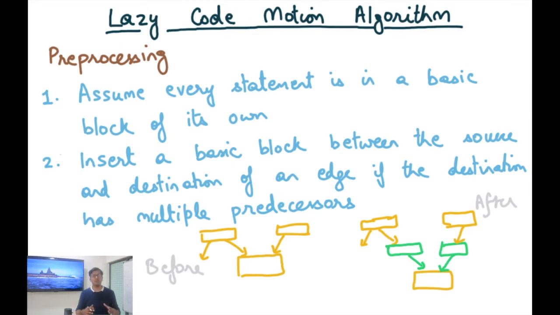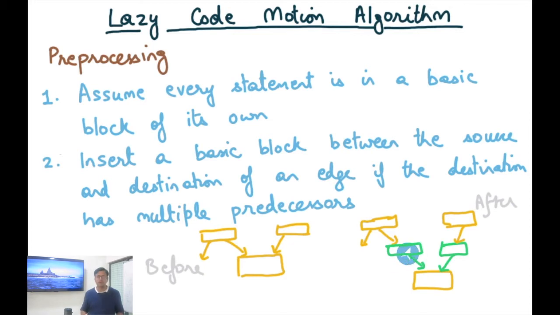Now with this pre-processing, we're going to assume that any extra copies of the expression for which the partial redundancy is being eliminated are going to be added to the beginning of any basic block. So for example, every instruction is a basic block, so if I add a copy, it's going to be at the beginning of the basic block.